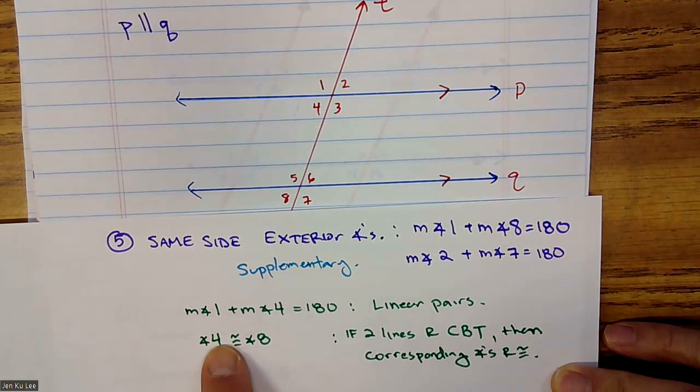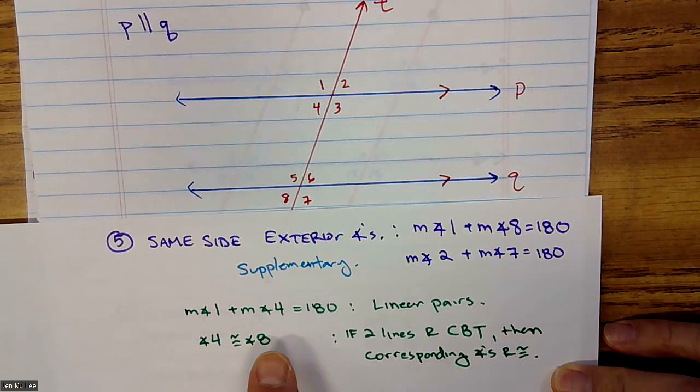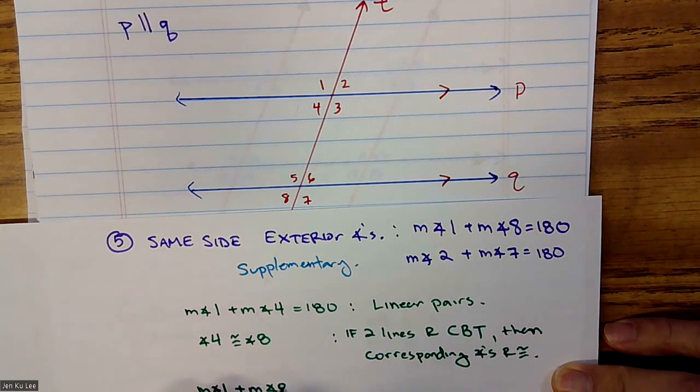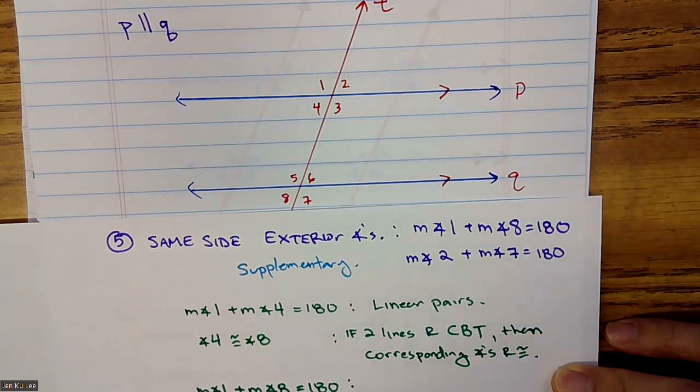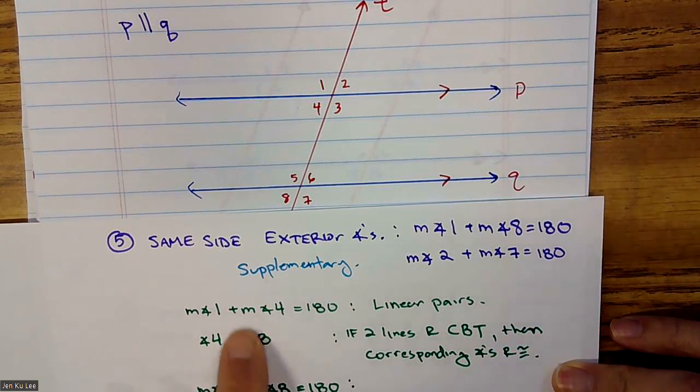Okay. Then I can put angle 8 here and say measure of angle 1 plus measure of angle 8 equals 180. The reason why I can do this is, what property did I just use?